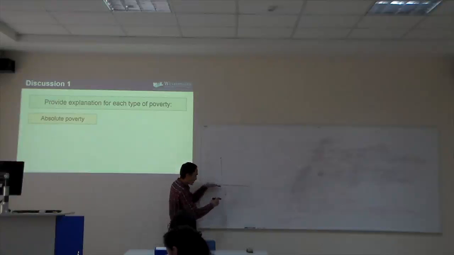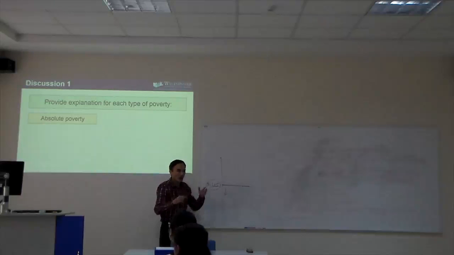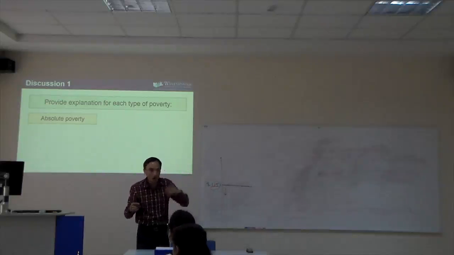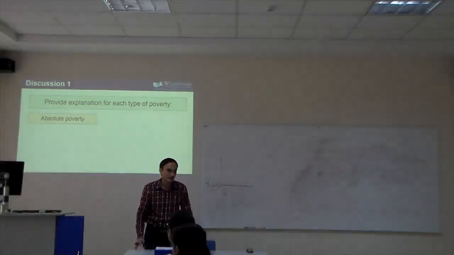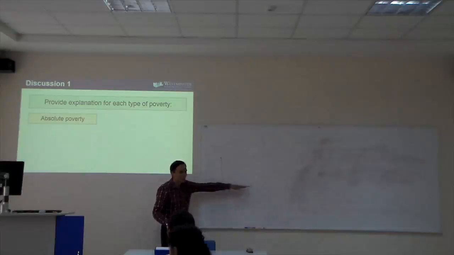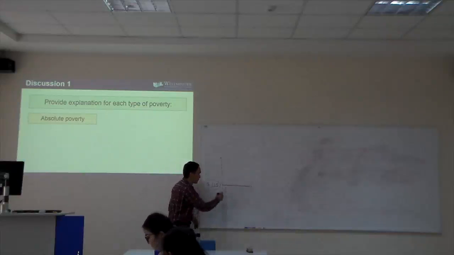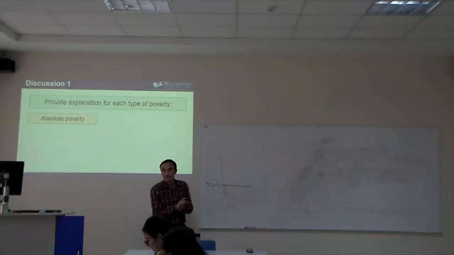If it goes below this threshold value of 1.25, it means that person has some serious issues. Either that person is not eating enough, or does not have enough clothes to wear, or has a housing problem. This one is minimum.